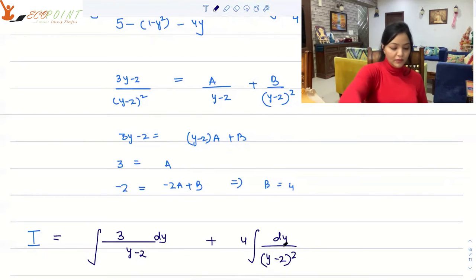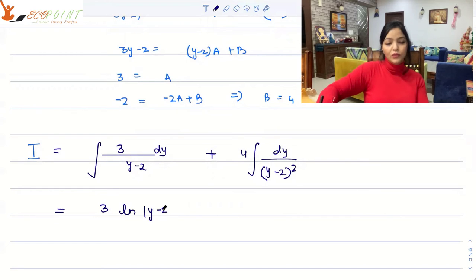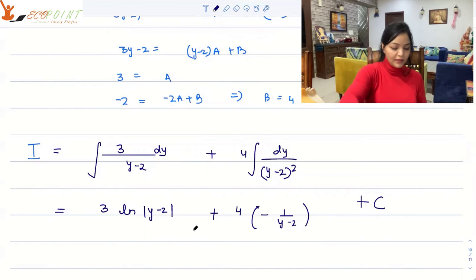In other words, this will be equal to 3 log mod y minus 2 plus 4 times minus 1 upon y minus 2 plus c.